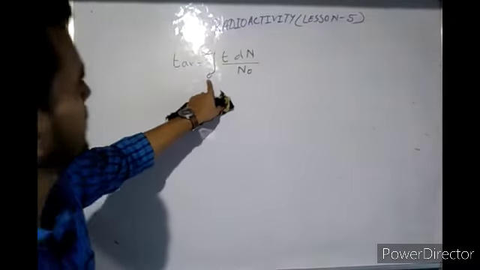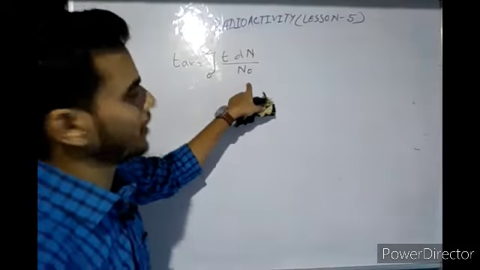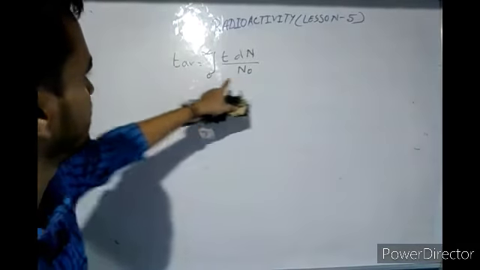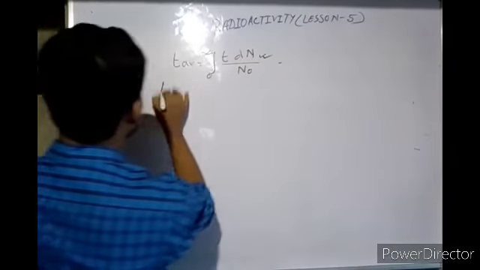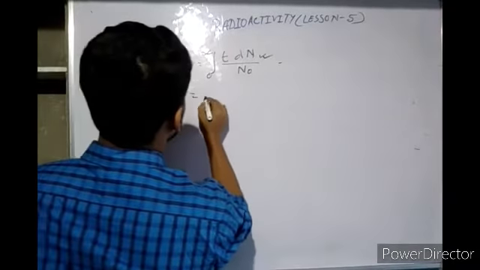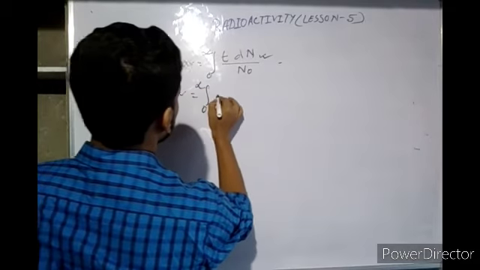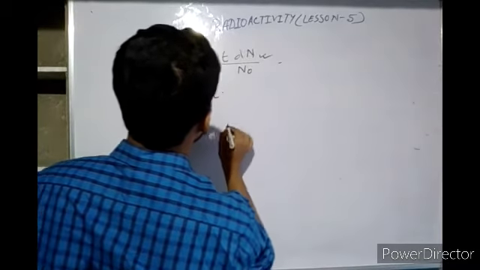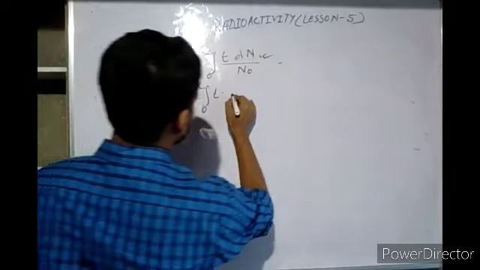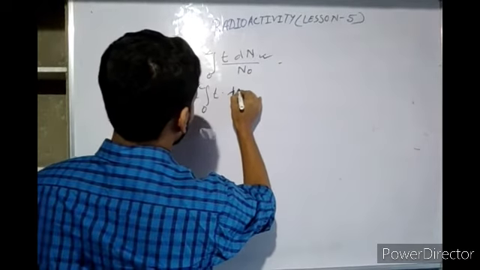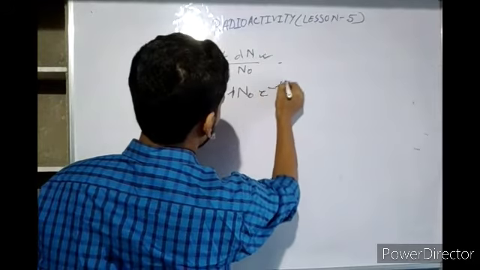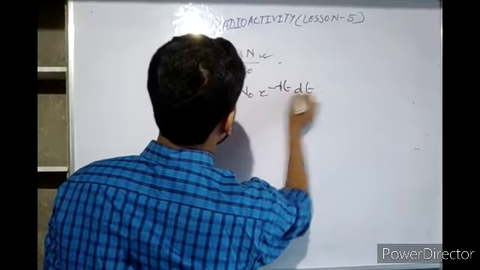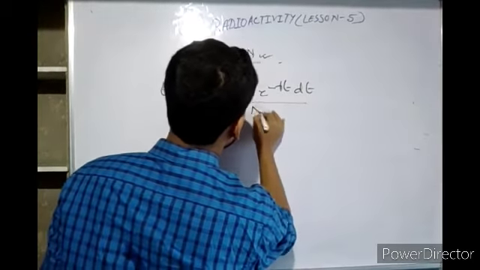T average will be the integral from 0 to infinity of t dN by N0. Putting the value of dN in this equation, we get T average equals the integral from 0 to infinity of t into lambda N0 e to the power minus lambda t dt by N0.